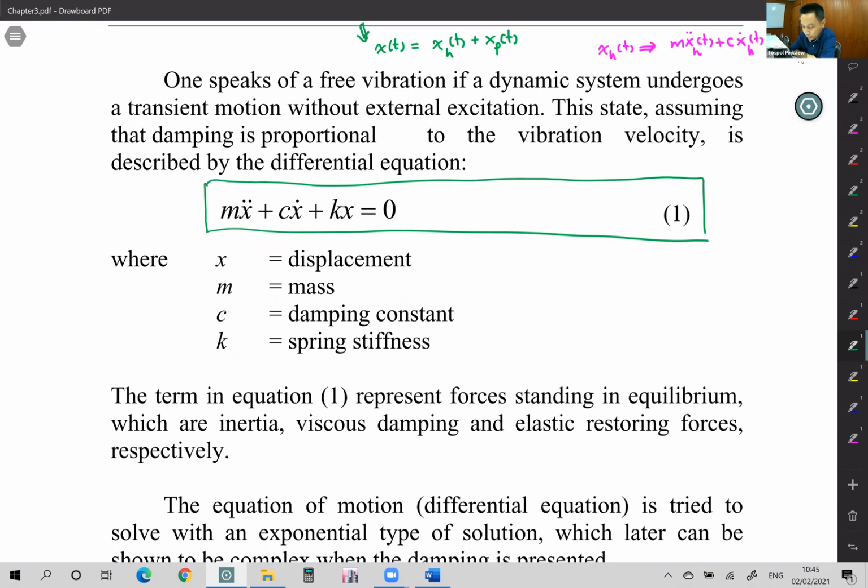You see equation number 1: m x double dot plus c x dot plus k x equals 0. There's no external force on the right-hand side. In terms of mathematics, if this were not a differential equation, the solution would be very simple. To make the left-hand side equal to 0 like the right-hand side, you input displacement x equal to 0, velocity x dot equal to 0, and acceleration x double dot equal to 0.